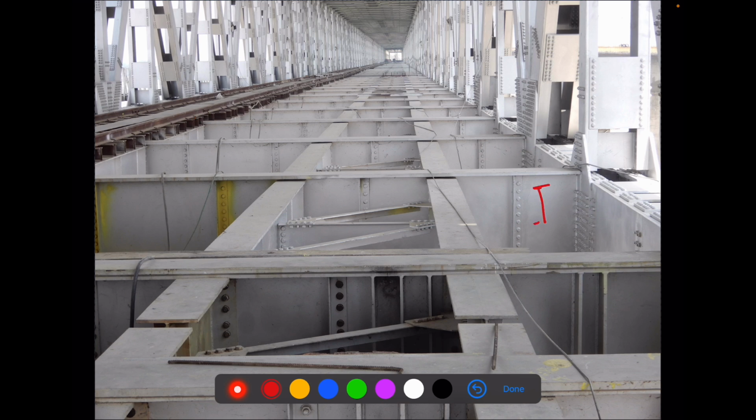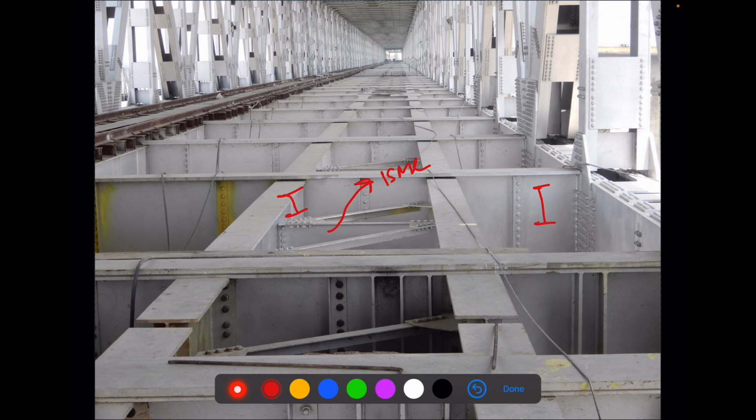The stringer is also a built-up I section, and these stringers are connected with each other with the help of one channel section in between, and two angle sections to connect these two stringers.